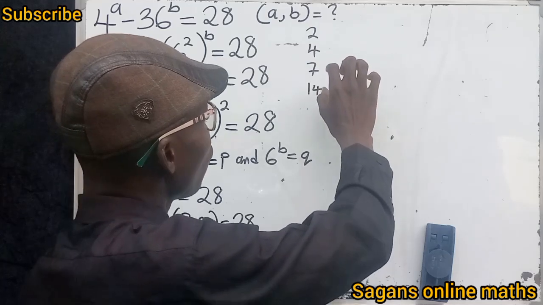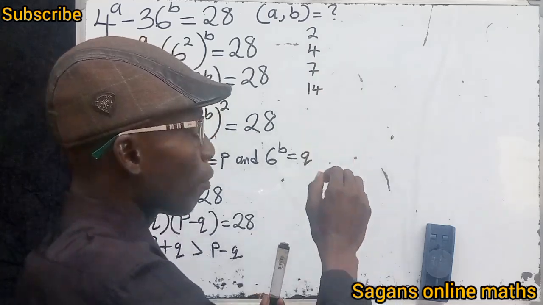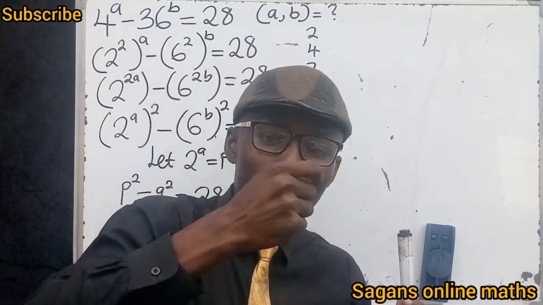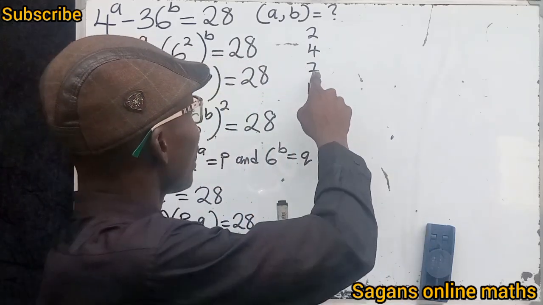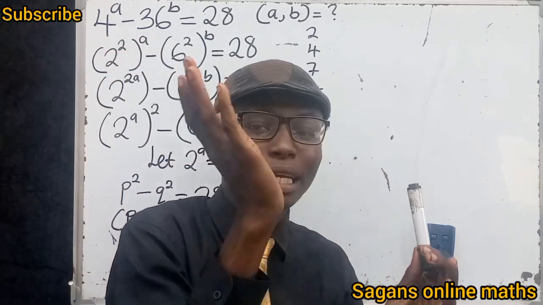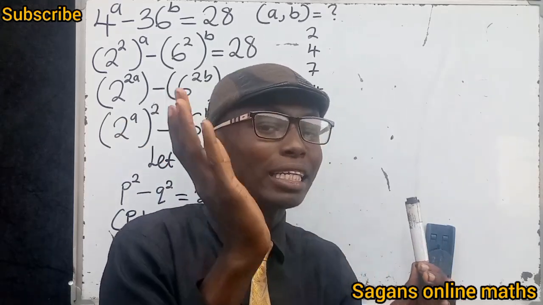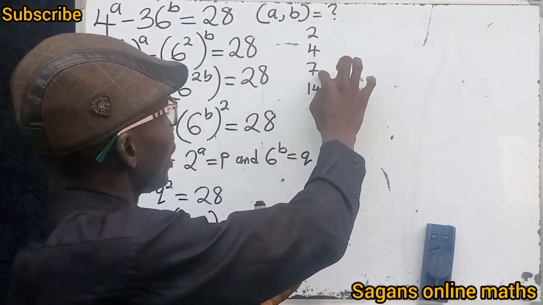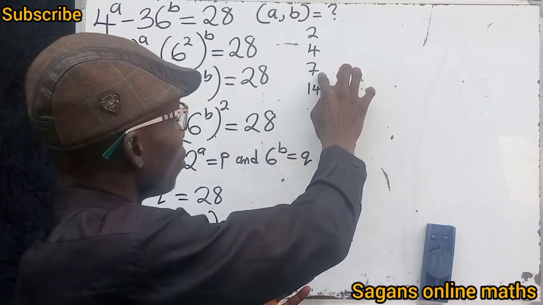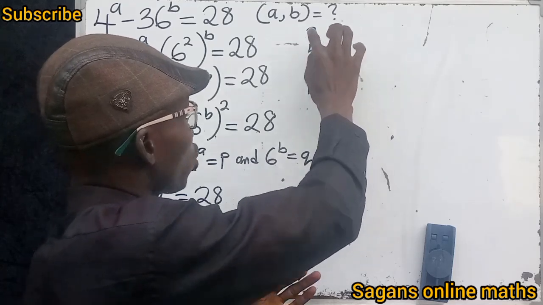So why I'm using 14 and 2 is because I want to have exactly the value of the variable. If I use 7 and 4, I will have approximately, because 4 plus 7 is less than 14 plus 2.